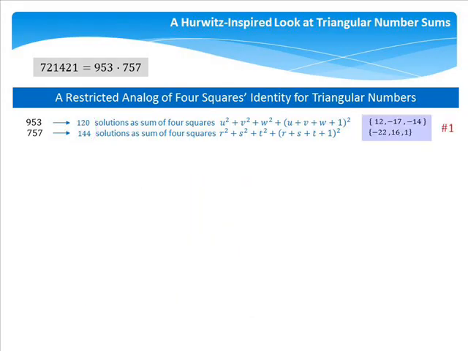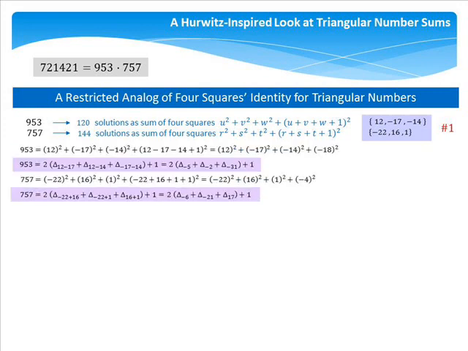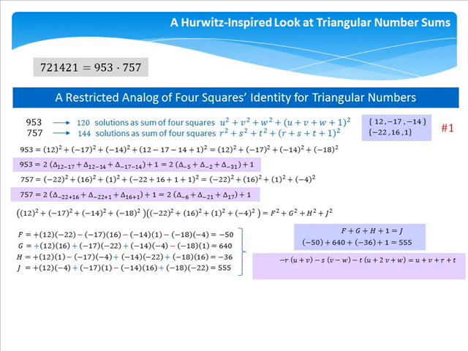In solution 1, we express both 953 and 757 as 2 times the sum of 3 triangular numbers plus 1. Then, we apply the 4 squares identity using the given values and verify that f plus g plus h plus 1 equals j. We also confirm that the identity involving u, v, w, r, s, and t holds.